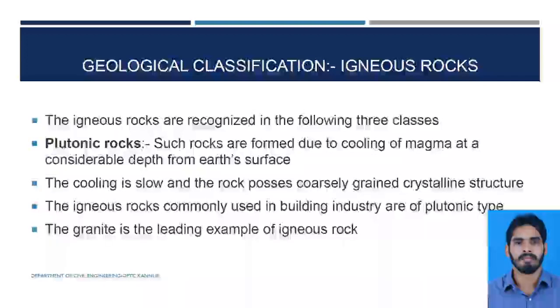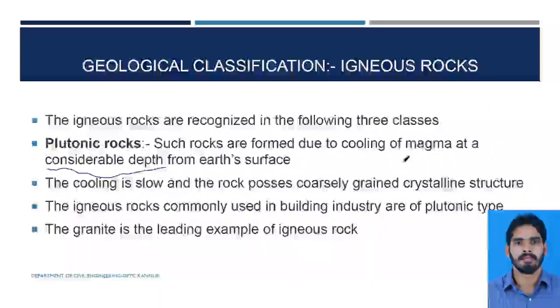So first of all, I will discuss about Plutonic rocks. What is a Plutonic rock? Such rocks are formed due to cooling of magma at a considerable depth from its surface. Considerable depth, or it is having a long depth, okay, from the Earth's surface. Some of the rocks are formed due to the cooling of magma. Magma is having a high temperature.